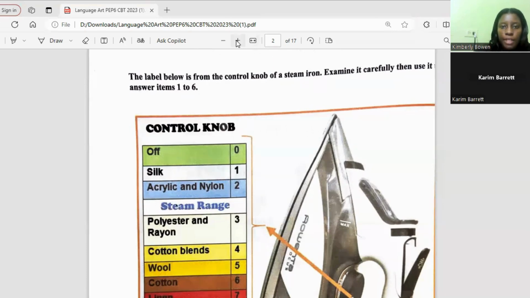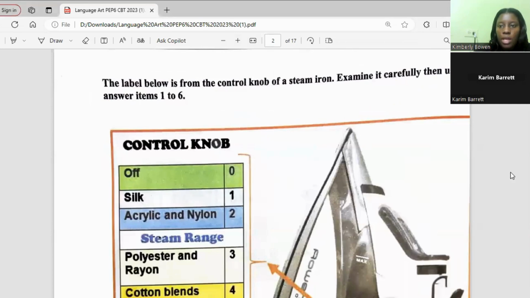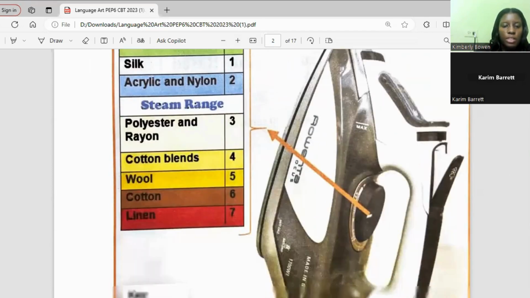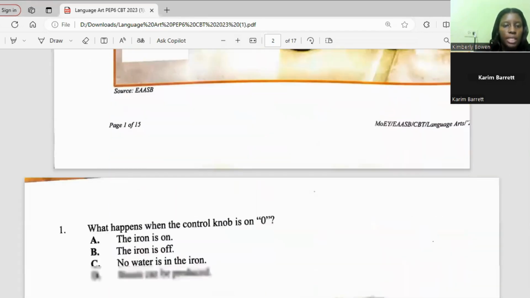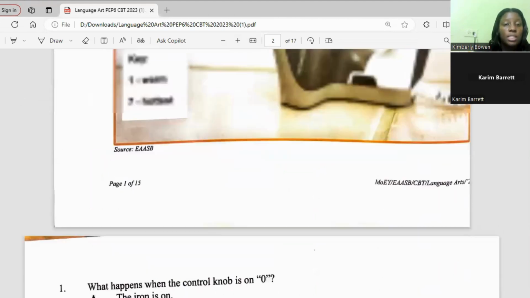Examine it carefully. Let me zoom in. Then use it to answer items 1 to 6. And we see the control knob there. Move on to the questions. And there's a key. What happens when the control knob is on 0? Let's look at what is happening there.